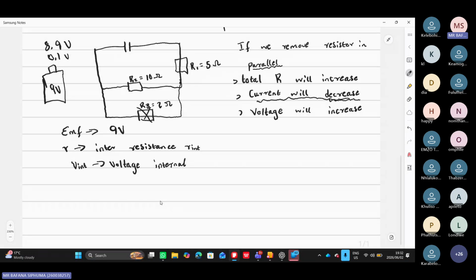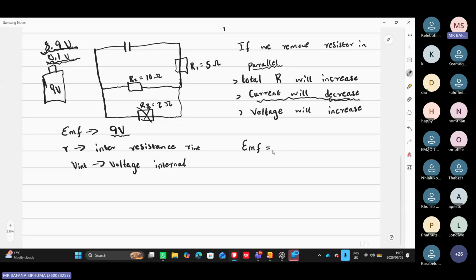So then we have this formula, because remember, if my battery can provide only 8.9 and then 0.1, I don't know where that 0.1 is. It means that my EMF is 9, and that 9 is formed by 8.9 and then 0.1.